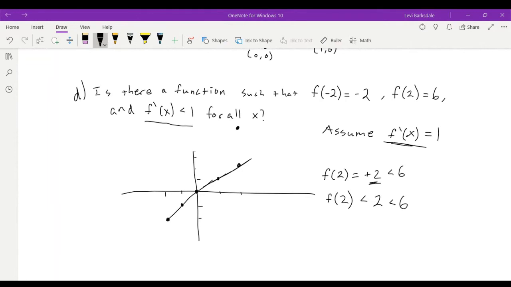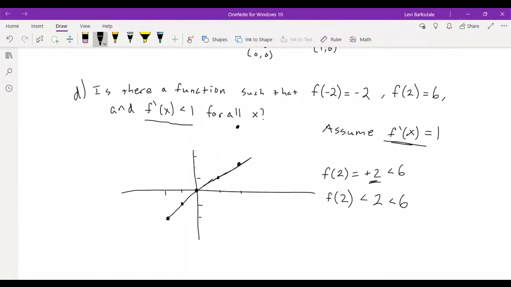All right, good. So essentially what's going on is we're trying to find a function so that we have one point at negative 2, 2, and another one all the way up at 2, 6. But then we also know that our first derivative is always smaller than 1.